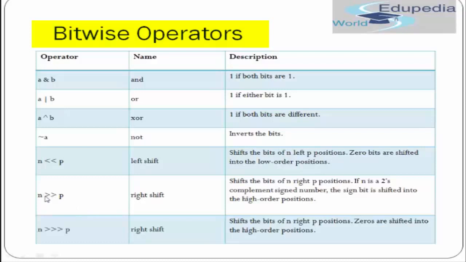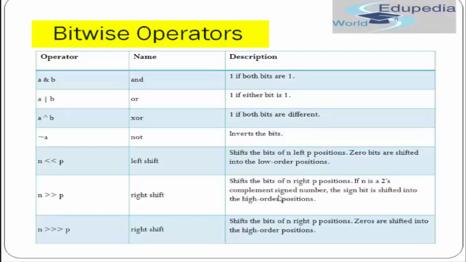The right shift, noted using this, shifts the bits of n right by p positions. If n is a 2's complement signed number, the sign bit is shifted into the high order position. I hope that's clear, because that's usually a concept of maths.